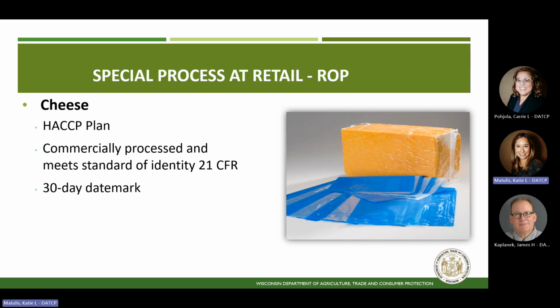Packages must be labeled on the principal display panel with a use-by date that does not exceed 30 days from its packaging or the original manufacturer's sell-by or use-by date, whichever occurs first. And finally, ROP cheese must be discarded if it is not sold by the expiration date.